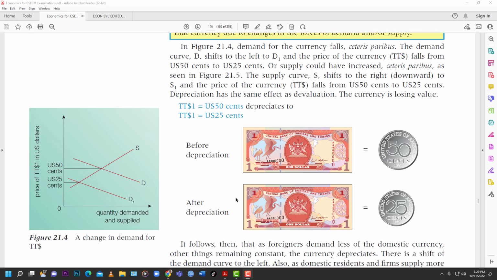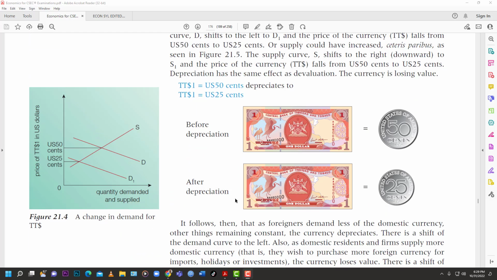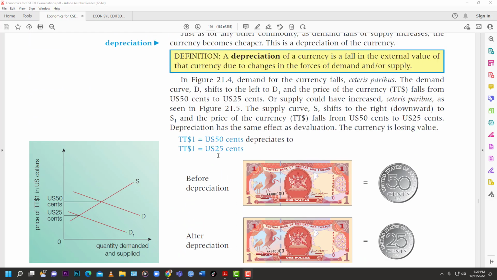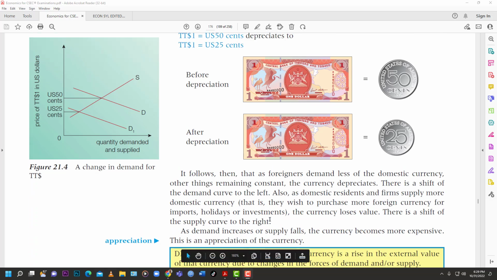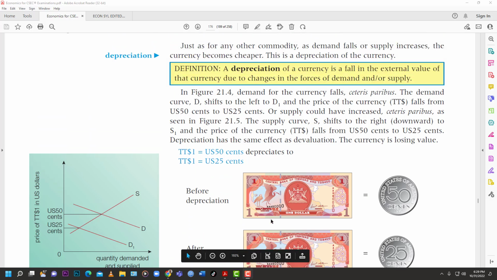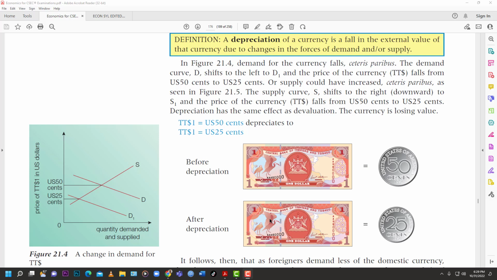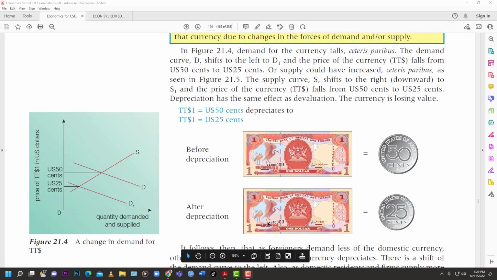Now the two words that we have to look at here under the floating exchange rate system are depreciation and appreciation. Remember, in the fixed, we looked at devaluation and revaluation. In the floating, it's depreciation and appreciation. What is depreciation?